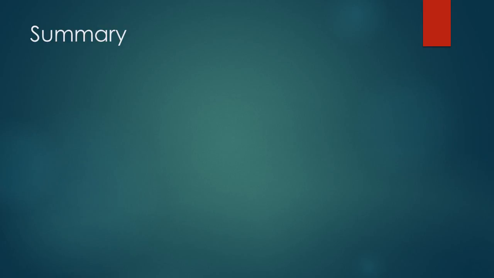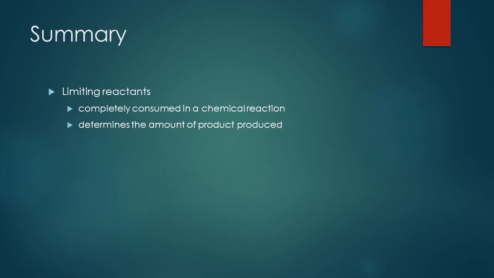Alright, just to summarize what we've seen here. In learning about limiting reactants, we know that the limiting reactant is the reactant that is completely consumed in a chemical reaction. We know it determines the amount of product that can be produced. And it also determines the amount of excess reactant that remains.